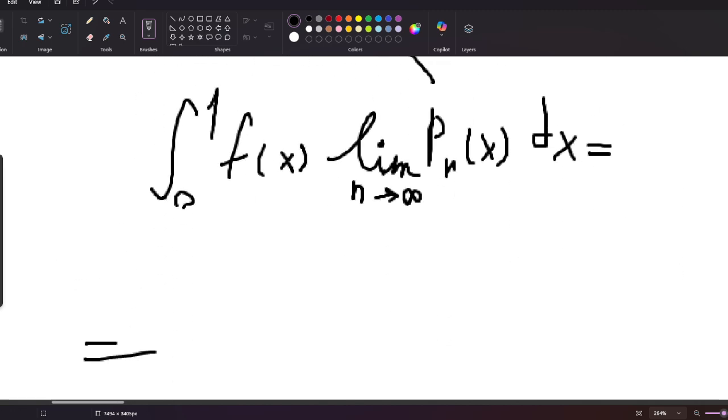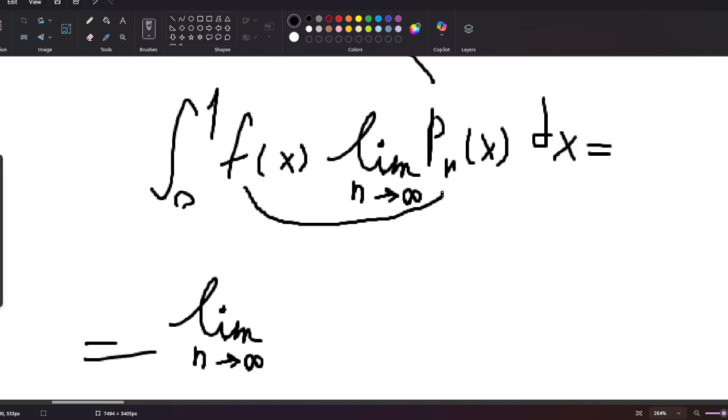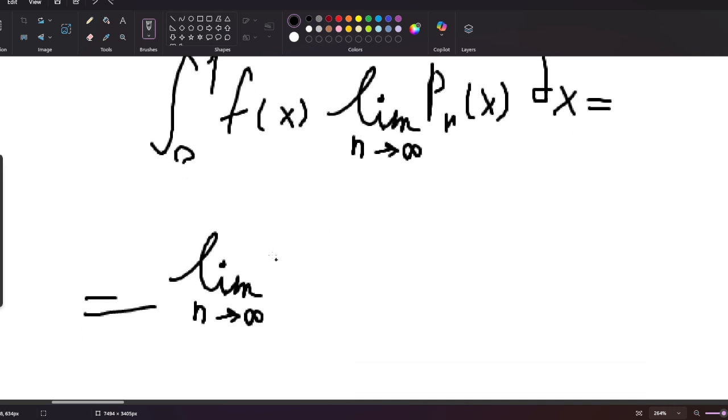Now, thanks to a bunch of theorems that have already been proven, we can actually bring out the limit. First we're bringing out f of x, which is independent of the limit, and then we can bring the limit outside of the integral.